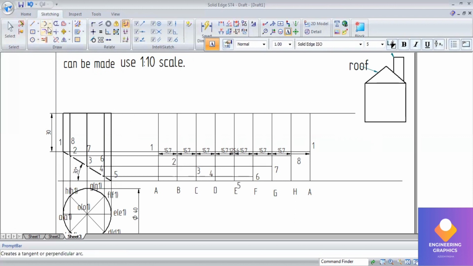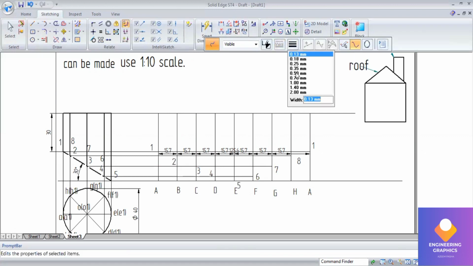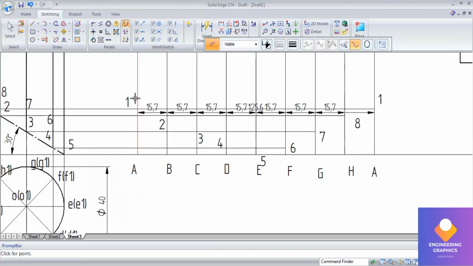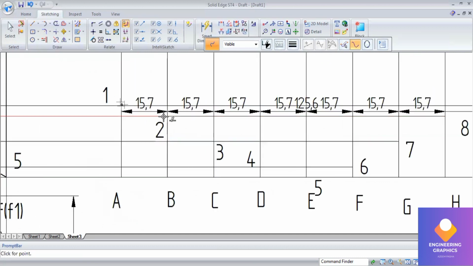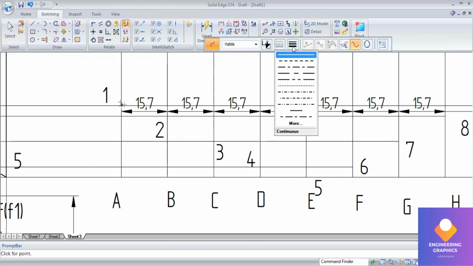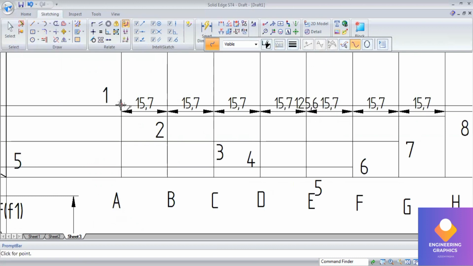Now connect 1, 2, 3, 4, 5, 6, 7, 8 and 1 using the curve command, because this is a cylinder. Join from 1 to 2. So use the thick line, that is 0.5 mm thick.